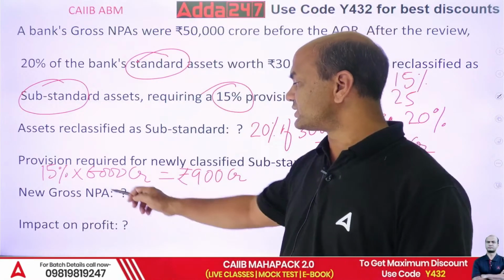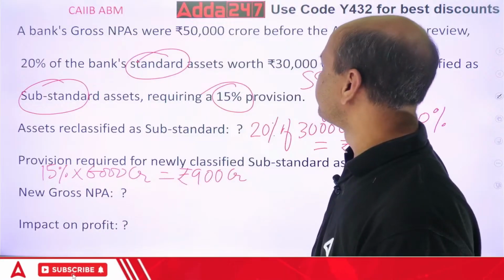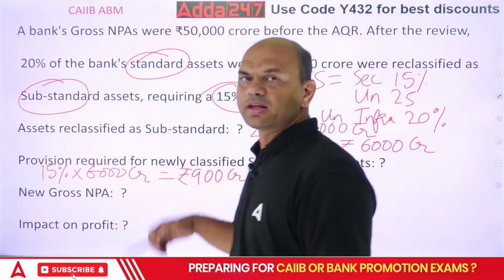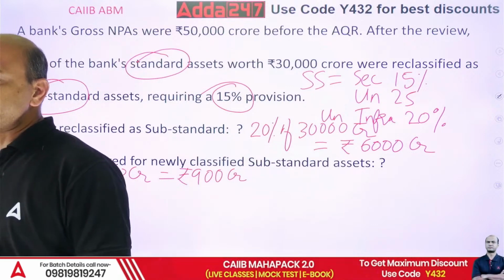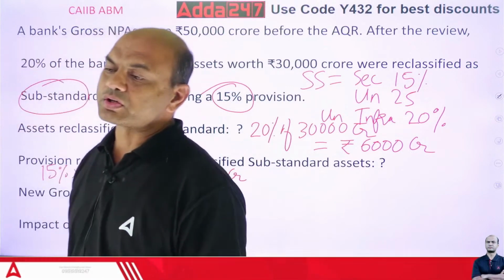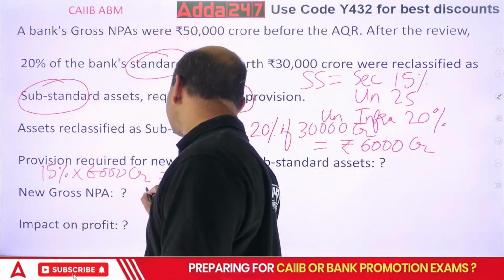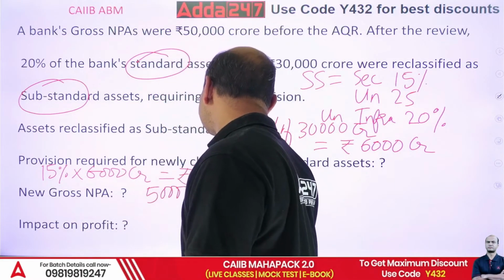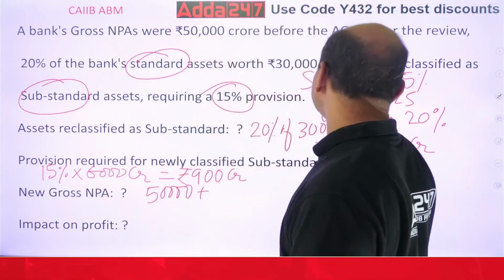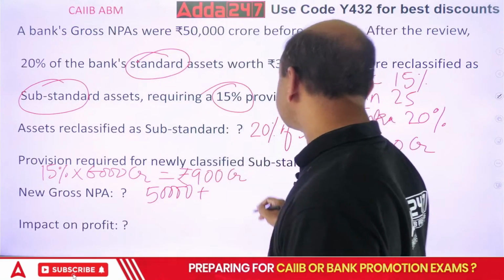What is my gross NPA now? New gross NPA. What was my earlier NPA? My earlier NPA was 50,000. So new gross NPA is 50,000 plus my new NPA. Whatever has become substandard is a new NPA, so 6,000.